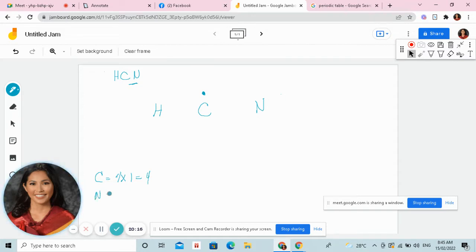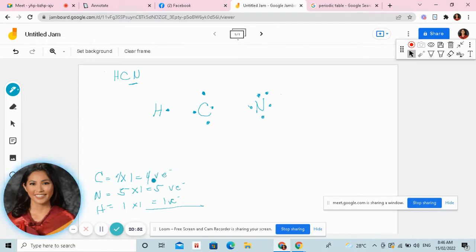And then N. What about your nitrogen? Five: 1, 2, 3, 4, and 5. So we have 5 times 1, that is 5. Then what about your hydrogen? One. 1 times 1, that is equal to 1 valence electron.